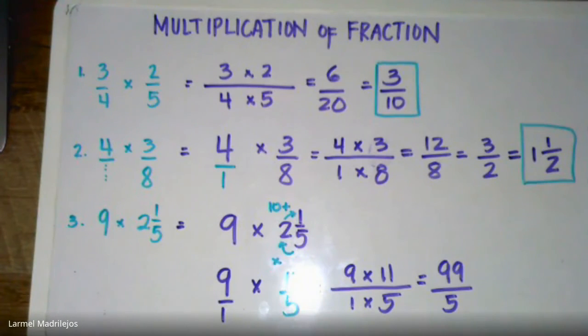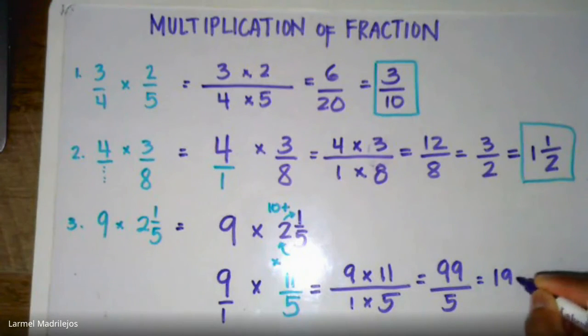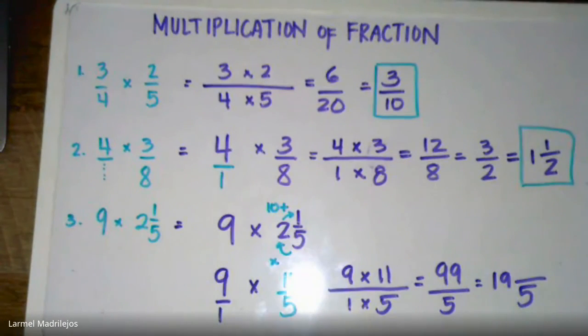Let's start dividing. How many 5s in 99? We all know that 5 times 10 is 50, so 5 times 20 is 100. So we know that there are 19 5s in 99, which is 95.